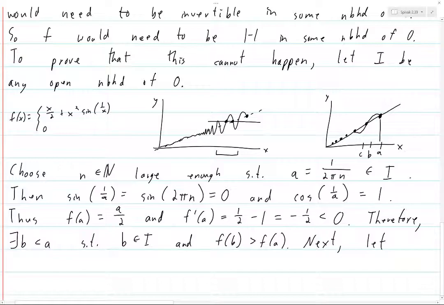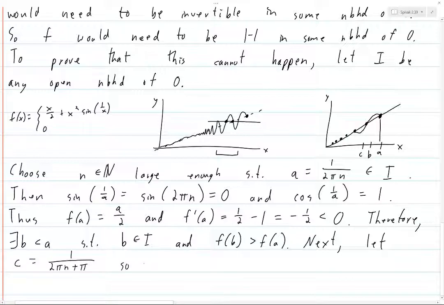We're going to choose the next point at which sine of 1 over c is 0, the largest number smaller than a such that sine of 1 over c is 0. So we take 1 over 2 pi n, which is a, but then we add an extra pi to it, because that's the next value of x where sine of 1 over x is 0.